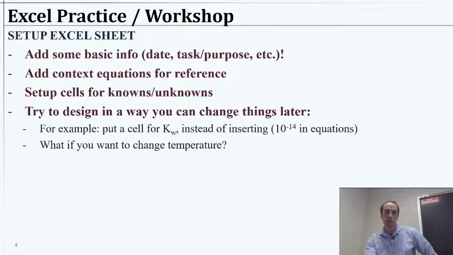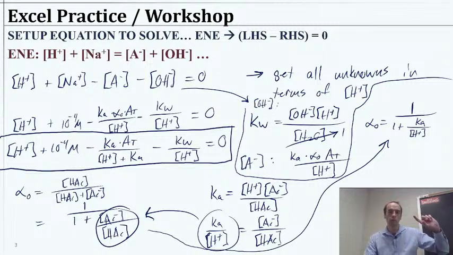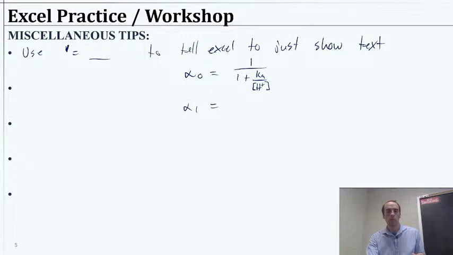And by the way, if we do the same exact derivation, but we started with it flipped, with A C minus the portion, so for alpha 1, we would end up with the same equation, except it's 1 over 1 plus A C minus over Ka. That means these are just flipped here. So coming back down to here, we can say that alpha 1 is 1 over 1 plus H plus over Ka.